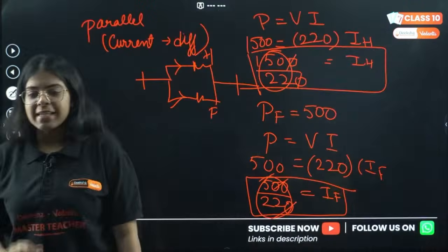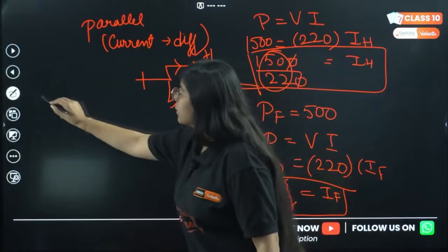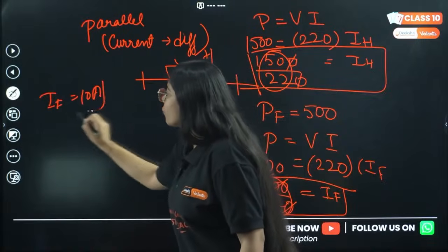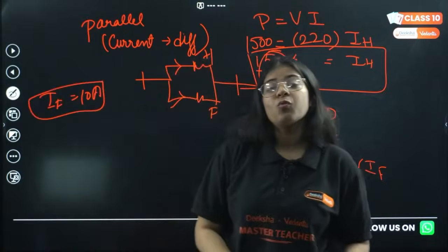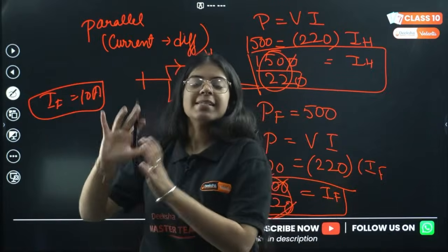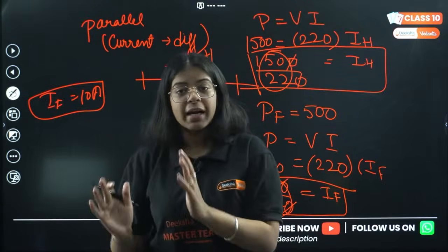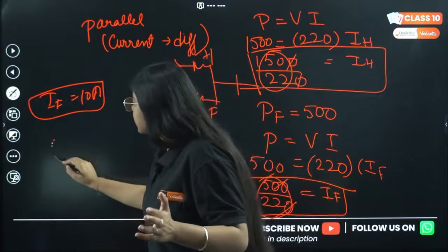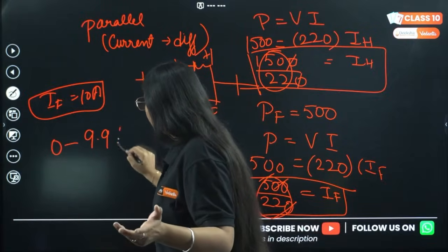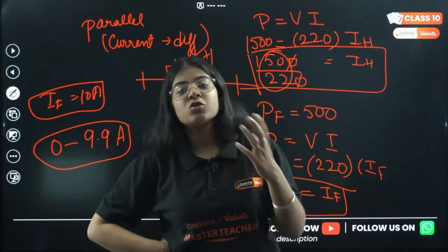Now, I'll just tell you the gist of how to solve it. They have asked about the fuse. The rating of the fuse is 10 ampere. So when will my fuse not burn out? The fuse won't burn out if the appliances are consuming less current than the fuse limit. If my appliance is consuming a current between 0 to 9.999 ampere, then it will be fine and the fuse will not blow.